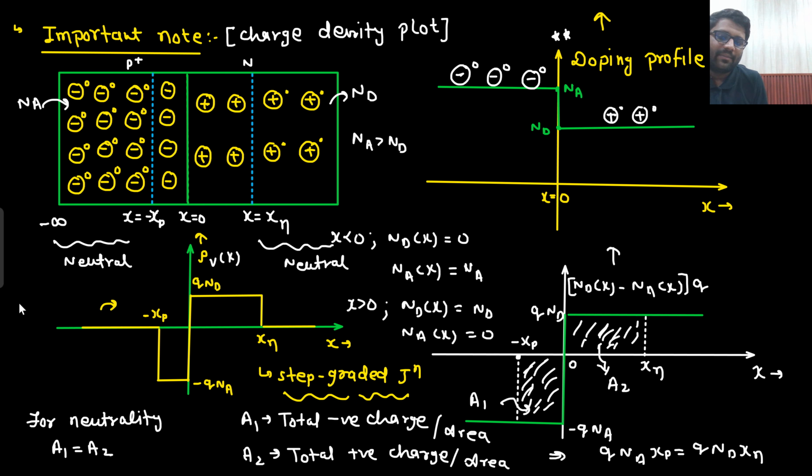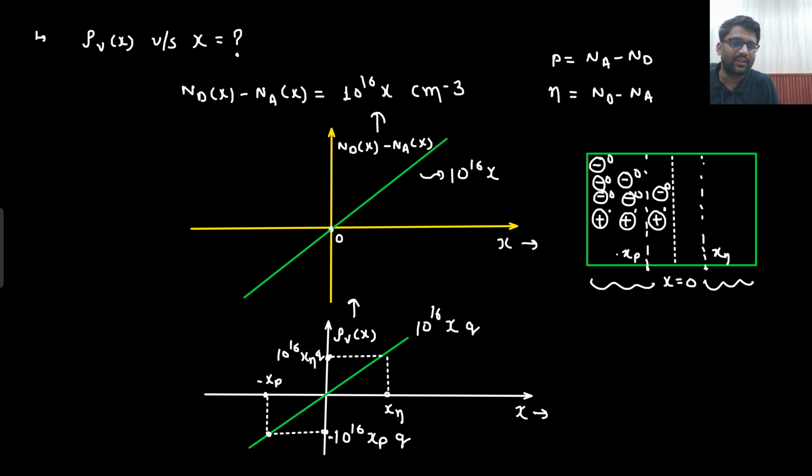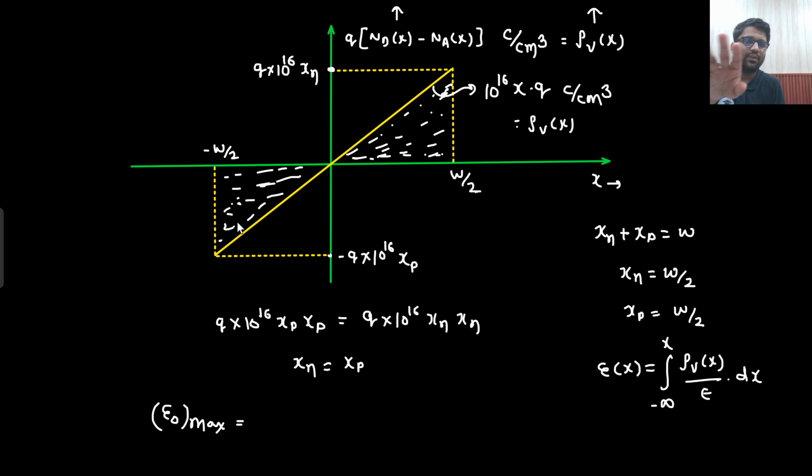So if these kinds of words are mentioned in your examination, you don't need to worry. If they say abrupt junction, abrupt means there is a sudden change. Here in the volume charge density there is a sudden change: negative charge, then suddenly positive charge. But in the other case there is no sudden change: the negative charge goes down to 0, and then from 0 you get positive charge.